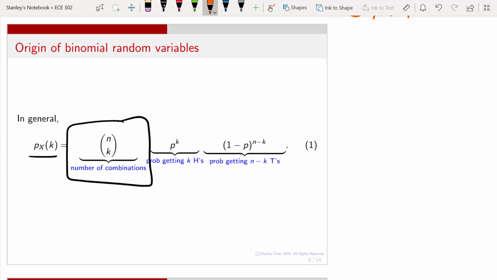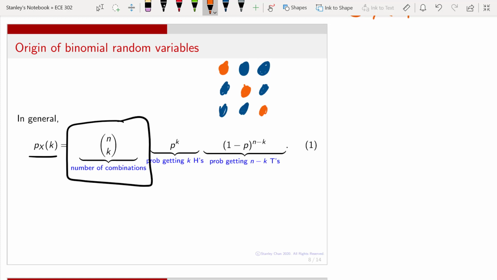So imagine that you have head and tail, and you want to get one head and two tails. So that means you can have different combinations. You can have this, and then you can have this.